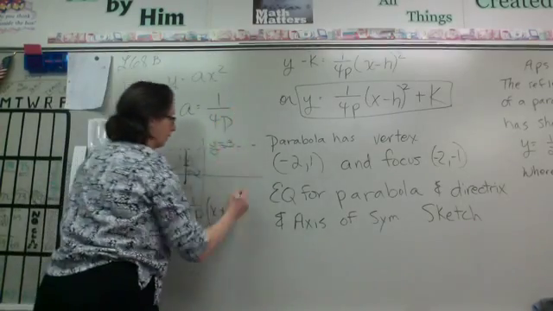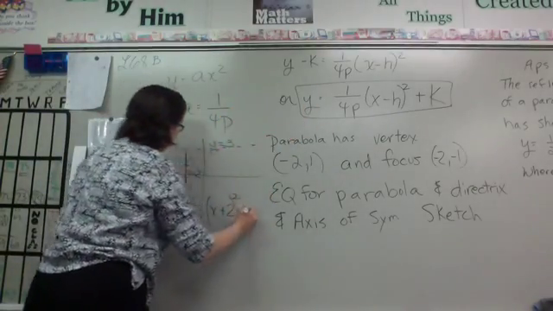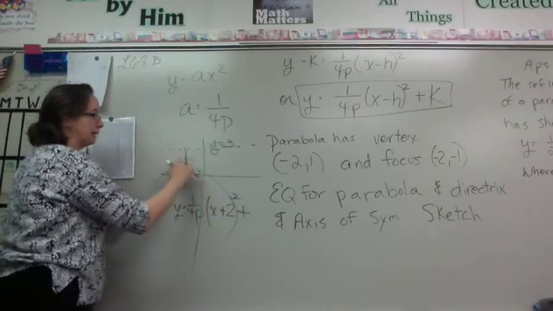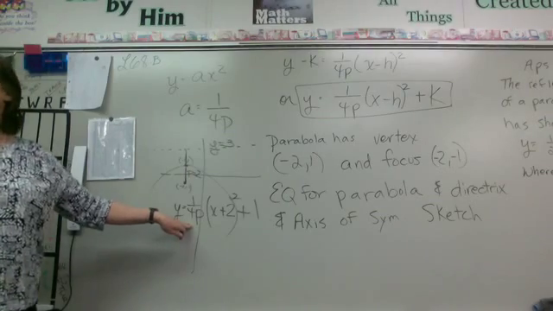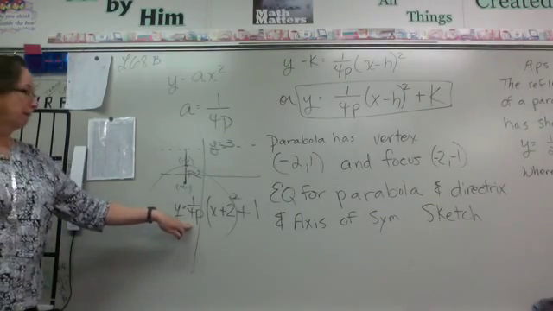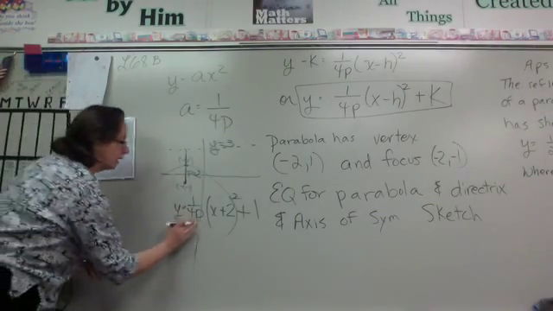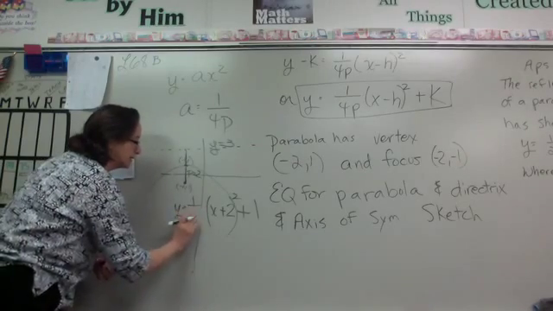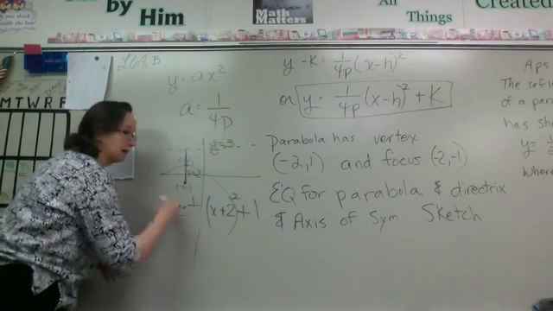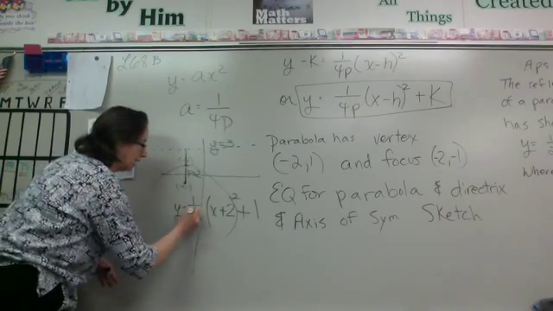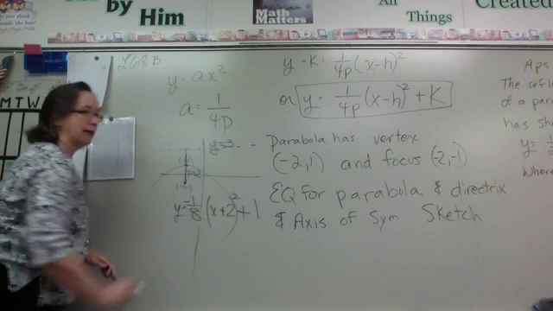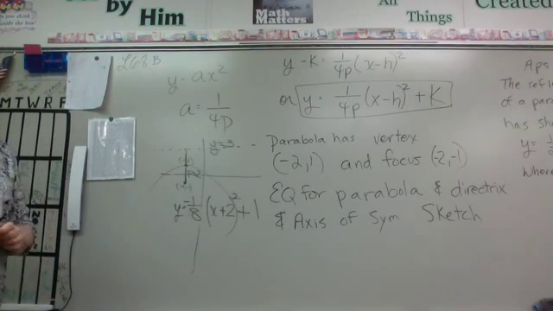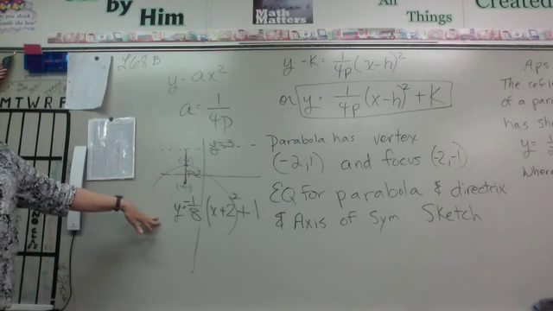And then it's going to be squared, and then I'm going to have plus k, and k is 1 because it's up 1, right? So all I have to do is figure out what this 1 over 4p is. But p is 2, right? So I'm going to plug in, instead of 4p, 4 times 2, which is 8. But then I know it's going downwards also, so I'm going to make it a -1 over 8. And my equation is complete.